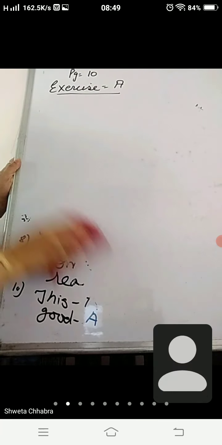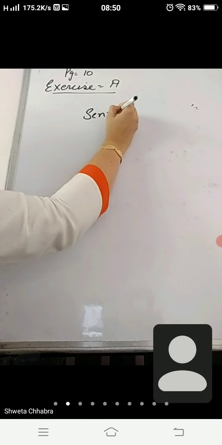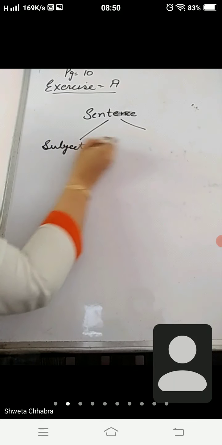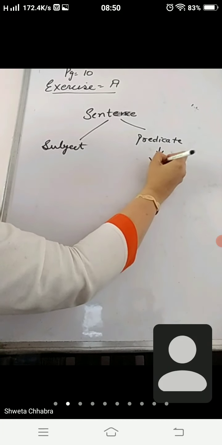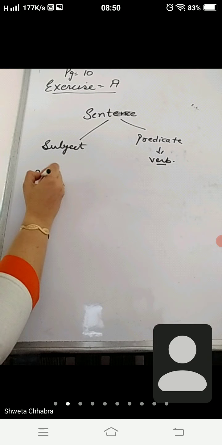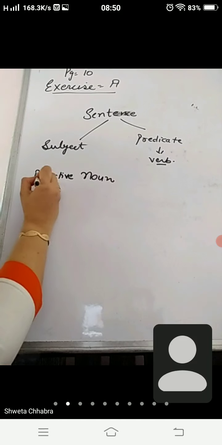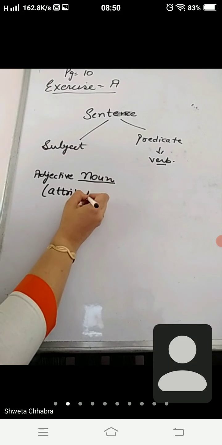See, adjective you all know qualifies a noun. You should keep in your mind that a sentence has two parts. First we have the subject and second we have the predicate. In the predicate we always find the verb. When an adjective is used before a noun, the category will be attributively.